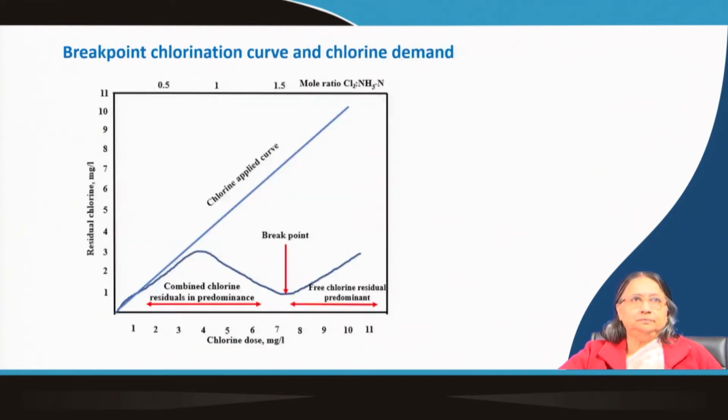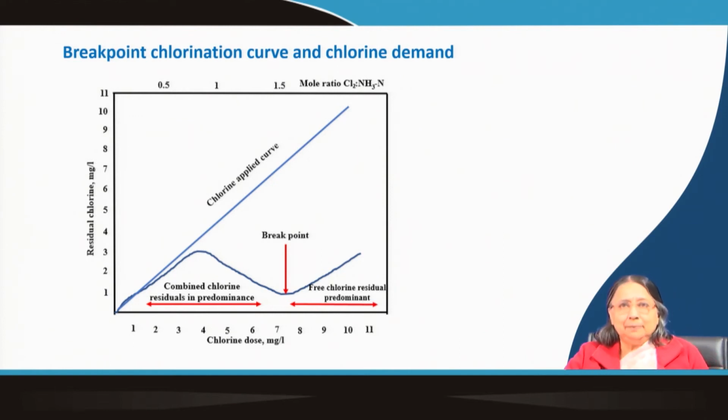Now, this very important curve, breakpoint chlorination curve and chlorine demand. So, this is actually, you see here, the residual chlorine. Experimentally this curve we can get. Okay. This is the residual chlorine and here it is the chlorine dose, this is applied chlorine dose. So, we are varying the chlorine concentration, keeping for some contact time, say 15 minutes, 20 minutes.